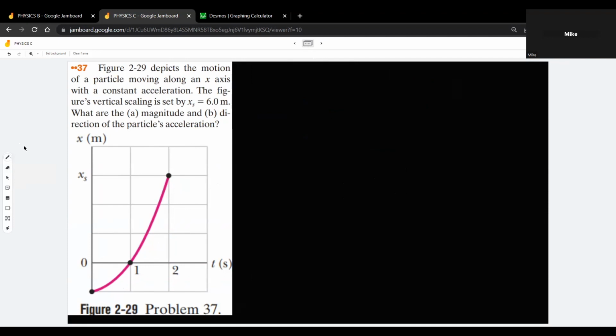2-29 depicts the motion of a particle moving along an x axis with constant acceleration. Sige, let's see. Read data. Wait lang. XS equals 6 meters.